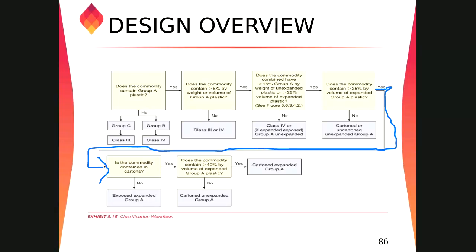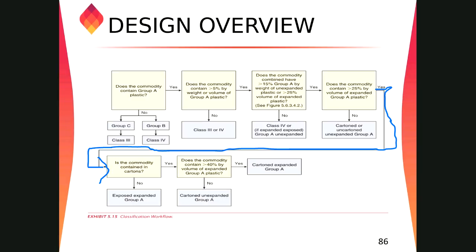So these two things vary. So now we come to those points, right? The behavior of the plastic will be different based on the packaging. If it is open to the atmosphere, the fire behavior will be different. And if it is not open to the atmosphere, the behavior will be different.